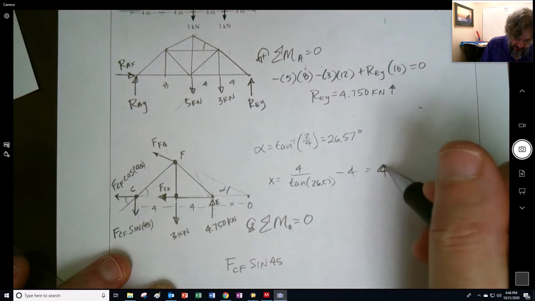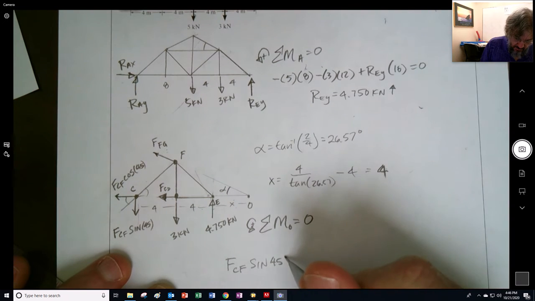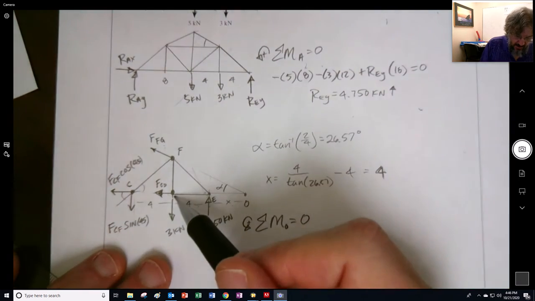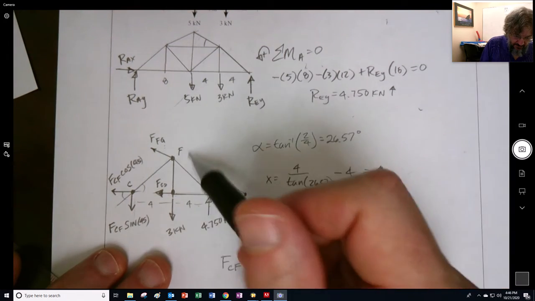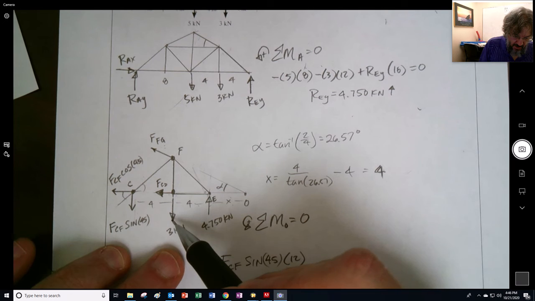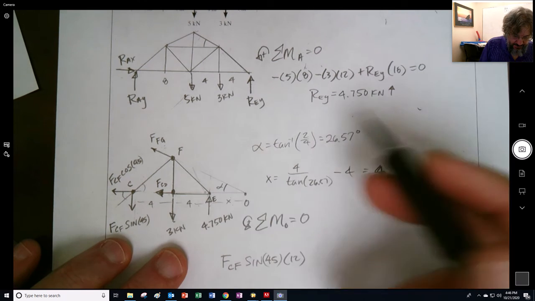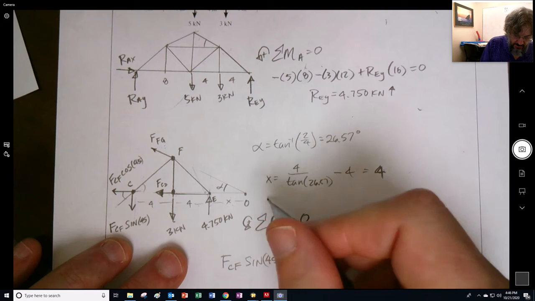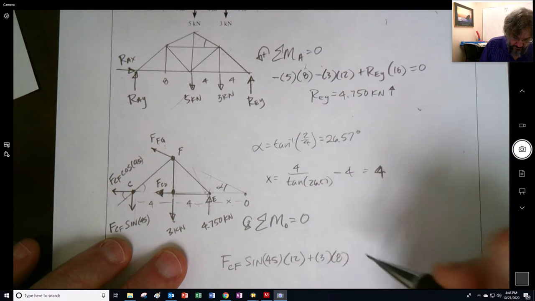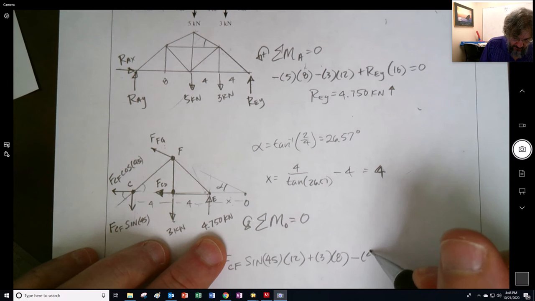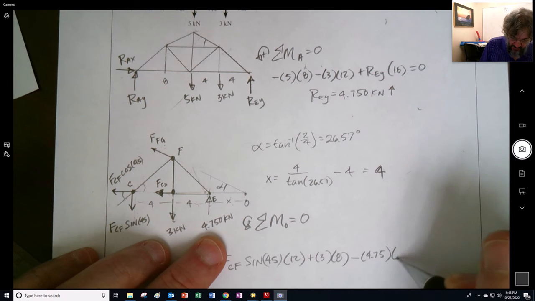That's a terrible 4, by the way. So that's going to be times 12. And then this guy, and it's positive because it's going counterclockwise as drawn. And then this one right here is going to be counterclockwise, 2, 3, and then it's going to be times 8. And now this one's going clockwise, so it's negative 4.75 times 4, equal to 0.